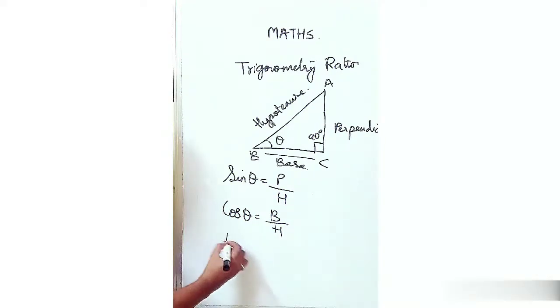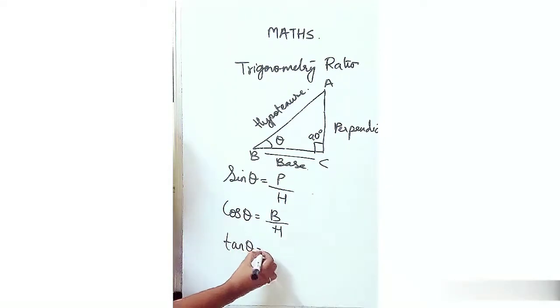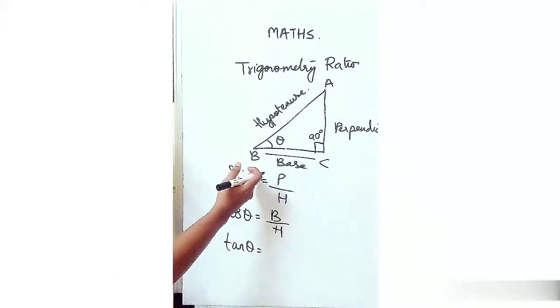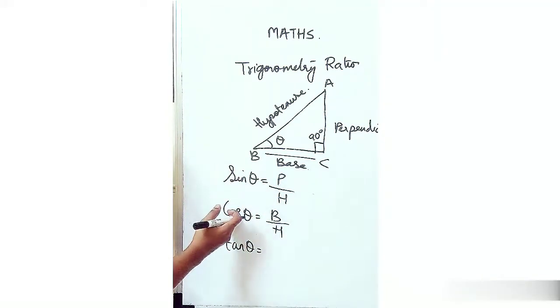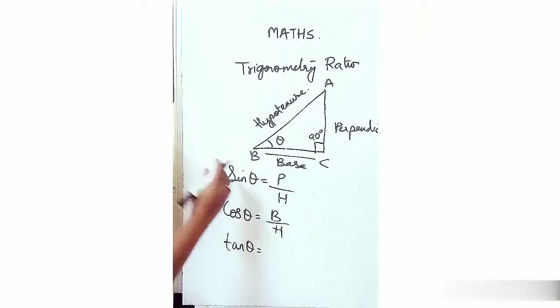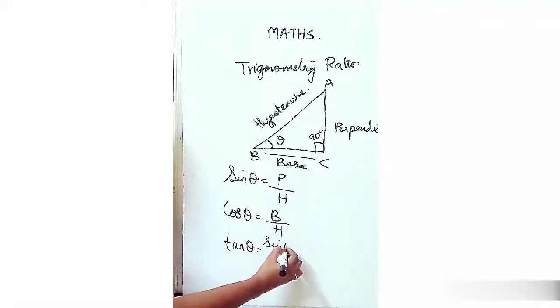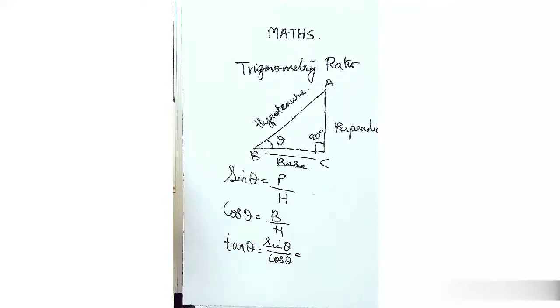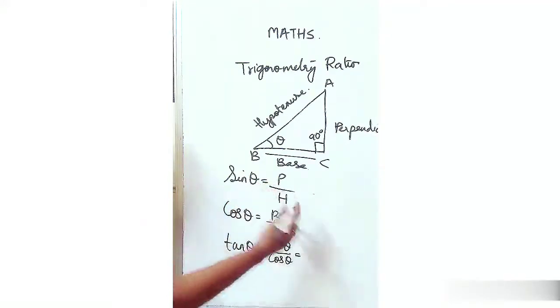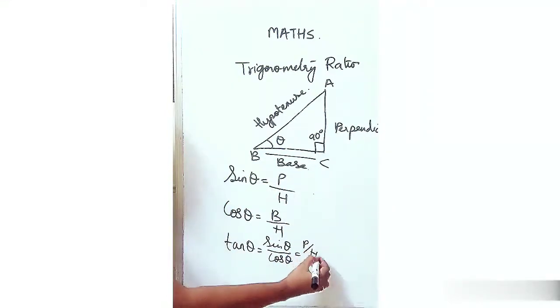Now what about tan theta? Tan theta is nothing but the combination of sin theta and cos theta. Basically, tan theta comes from sin theta upon cos theta. Now what is the formula for sin? Perpendicular upon hypotenuse, and cos is base upon hypotenuse.